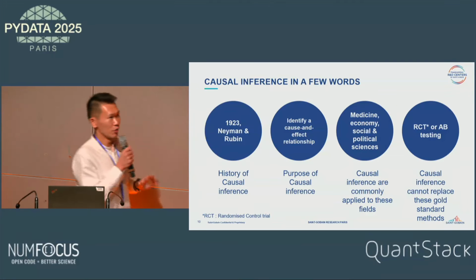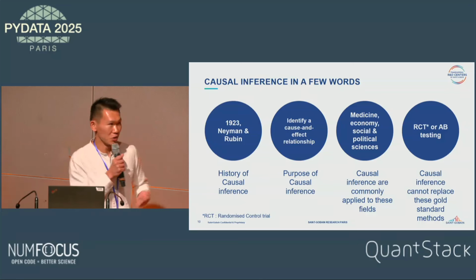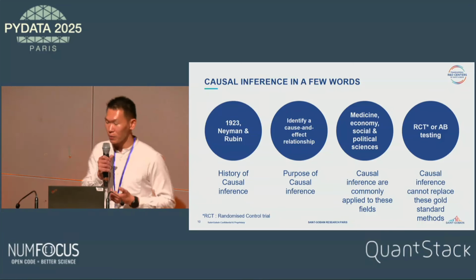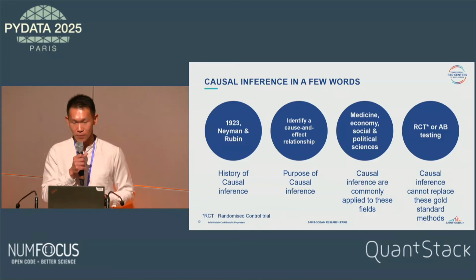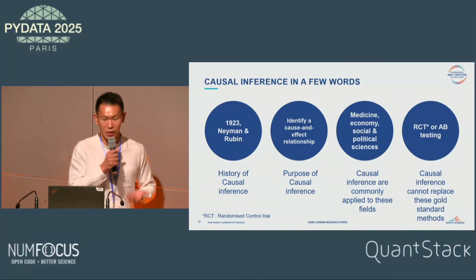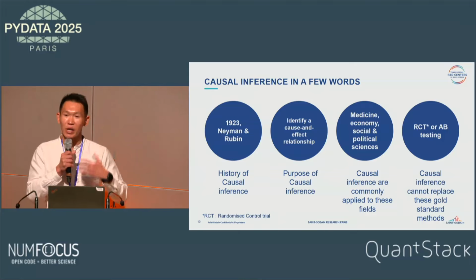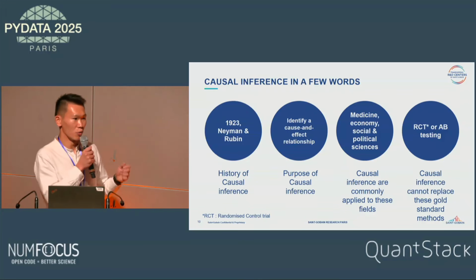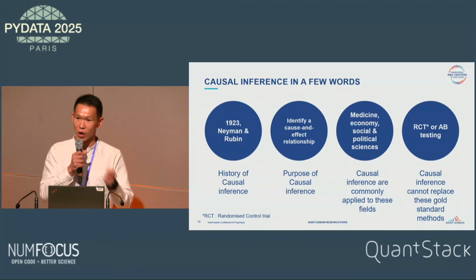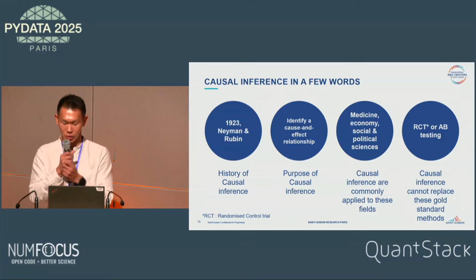So enter causal inference. Causal inference is not new. It was introduced in the 1920s by Neyman and Rubin. Its purpose is to identify a cause and effect relationship. It is very much used in medicine, economics, and social and political sciences, where it is hard to conduct controlled experiments, where you want to only study the effect of one treatment while keeping other parameters constant.